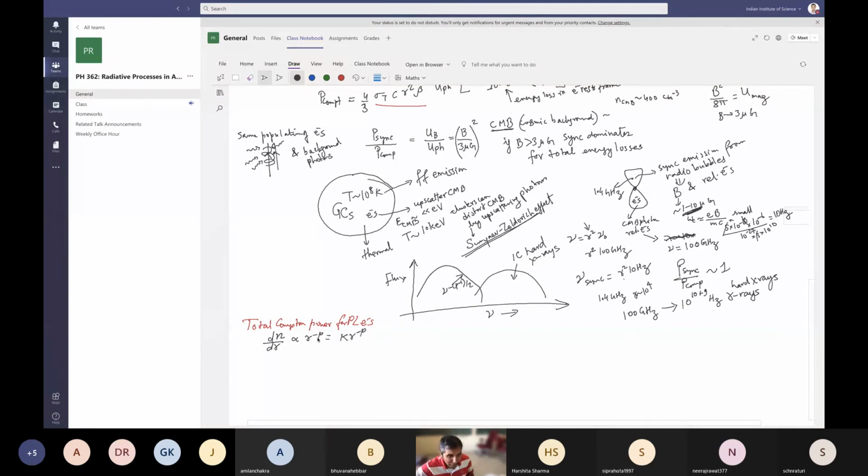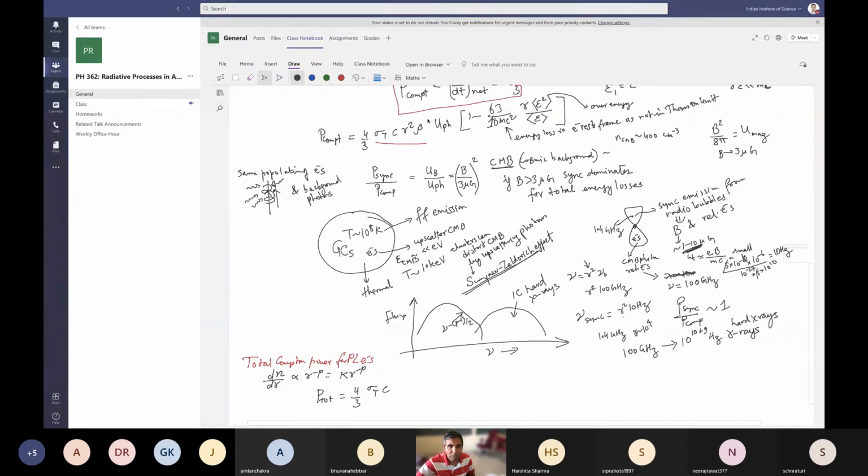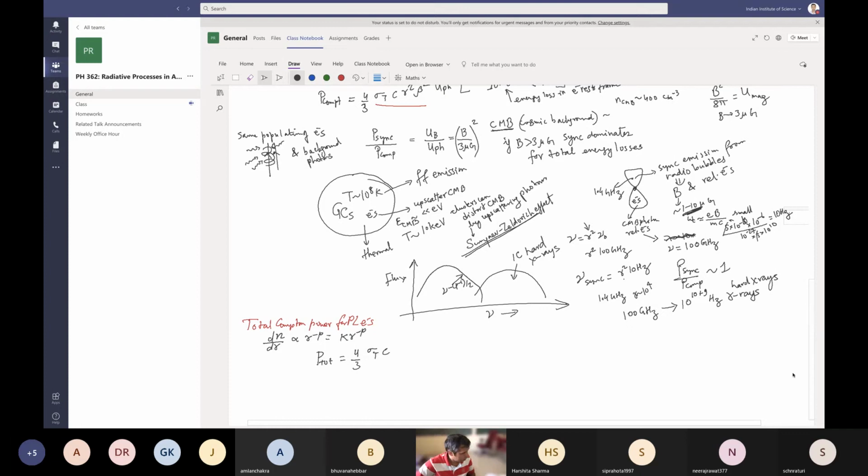So if you have a power law distribution of electrons, how does the total power look? So P total is equal to 4/3 sigma T c, there is a beta squared here, sorry. Yes, that was the beta squared.